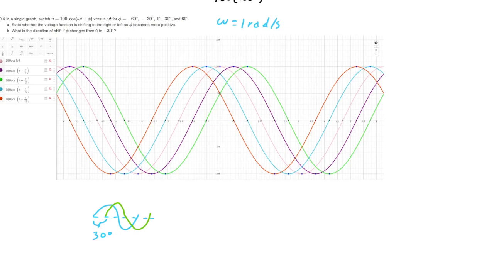In a case where the load is inductive, the current is going to lag the voltage. And for a capacitive load, the current is going to lead the voltage.